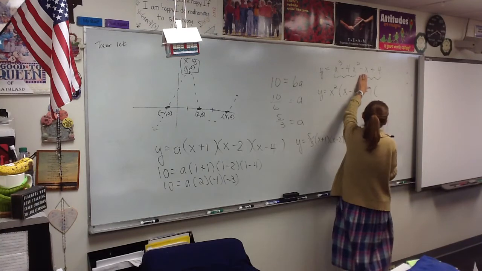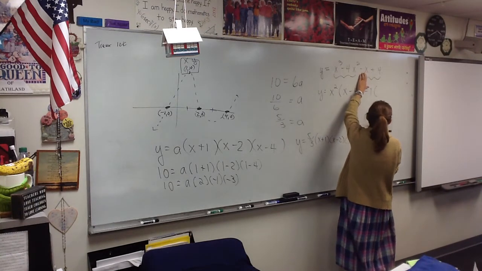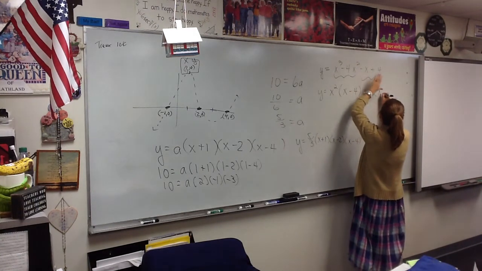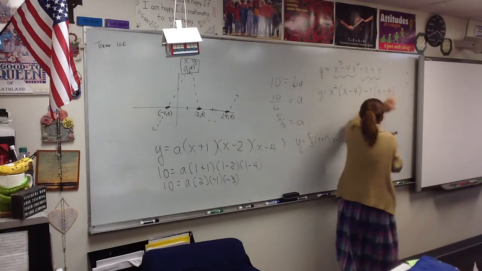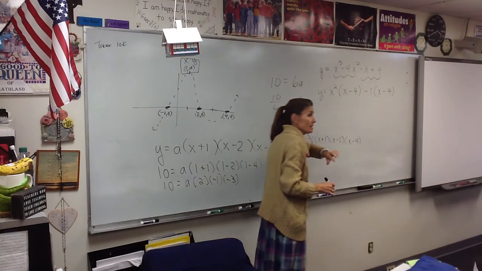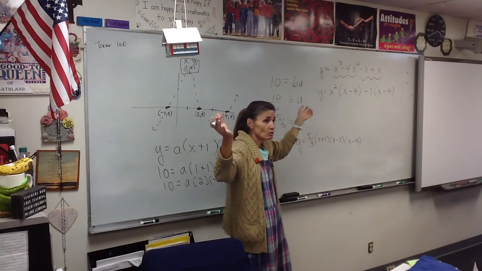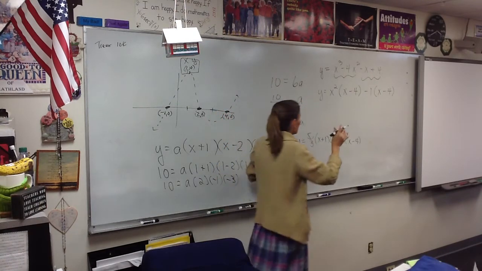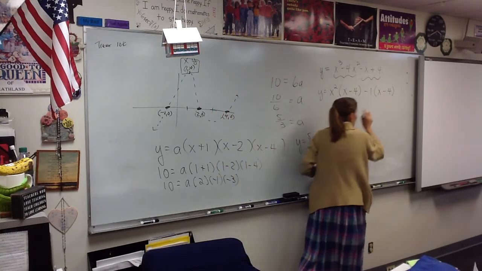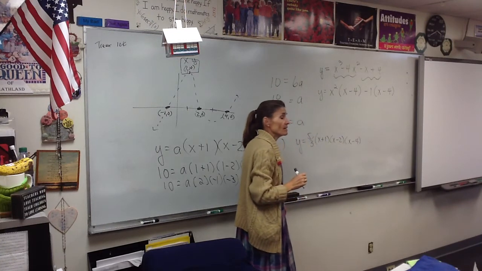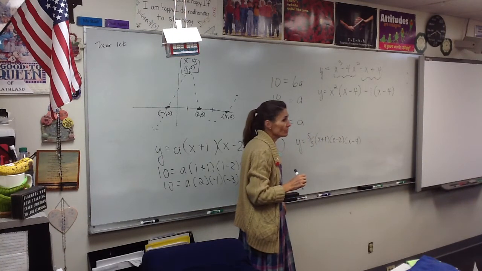What would that leave me with if I took out a -1? A positive x and a -4. Now your heart is filled with great joy because your factors match. If they don't match, you've done something wrong.